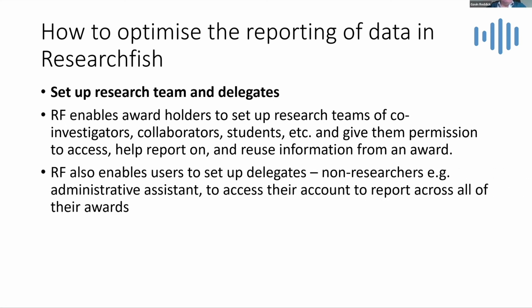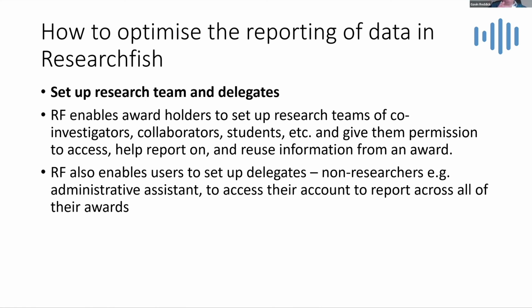The other is the delegate function. So individual people can set up a delegate. And so a delegate is a person who typically isn't a researcher, so they're not going to have a portfolio of things themselves. So they might be an administrative assistant or somebody who's working at the departmental level. And essentially, you can give them permission to access your account, and they can act as you in most respects.